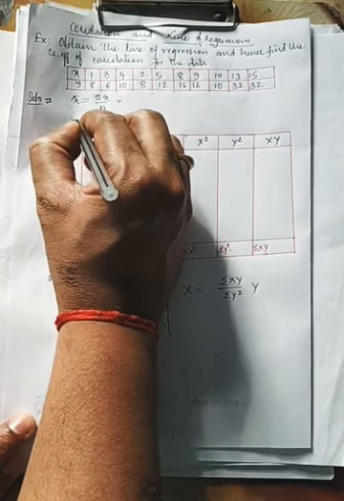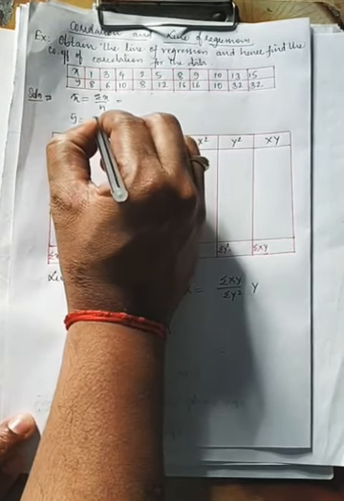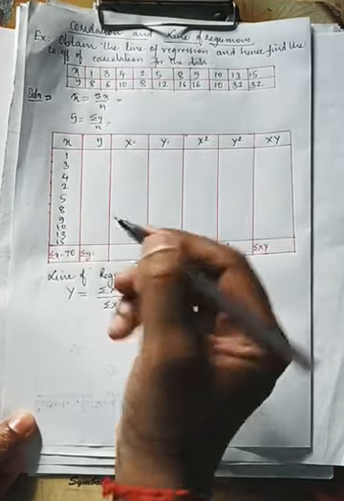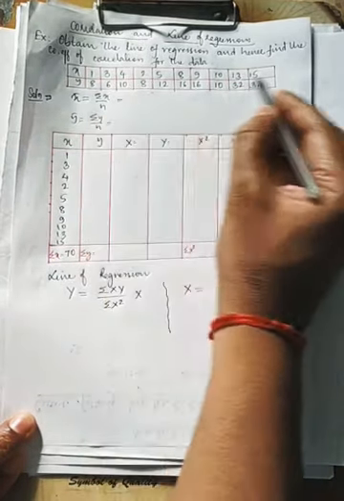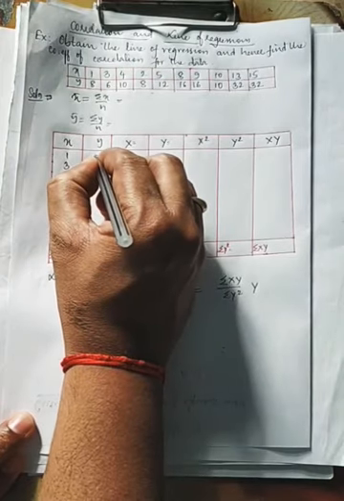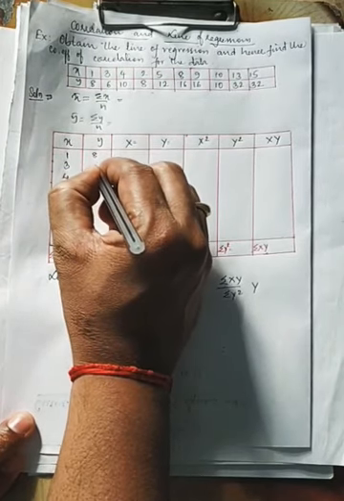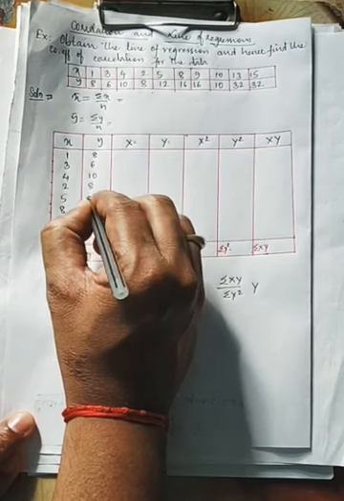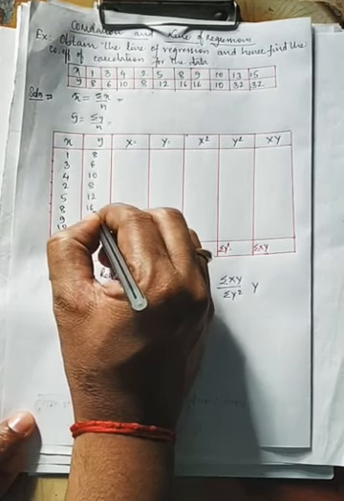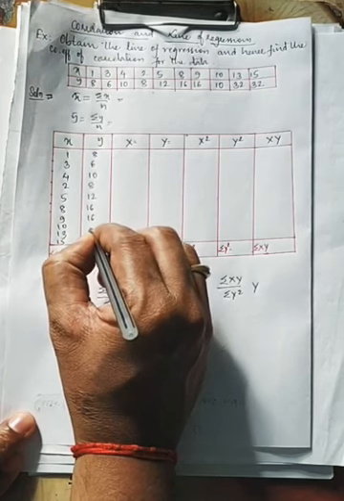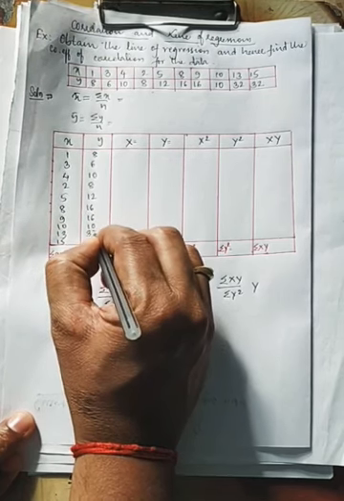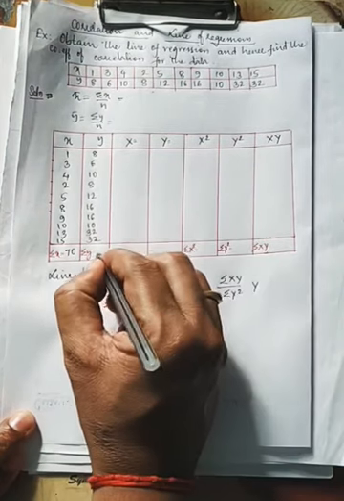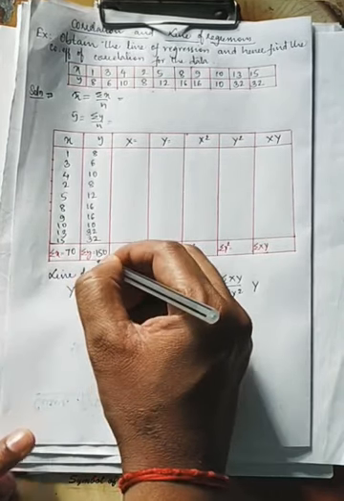Then we need to calculate Y bar. What is Y bar? Summation of Y divided by N. What is summation of Y? Again we note down all the values of Y: 8, 6, 10, 8, 12, 16, 16, 10, 32 and 32. If you add all these values, it becomes 150.